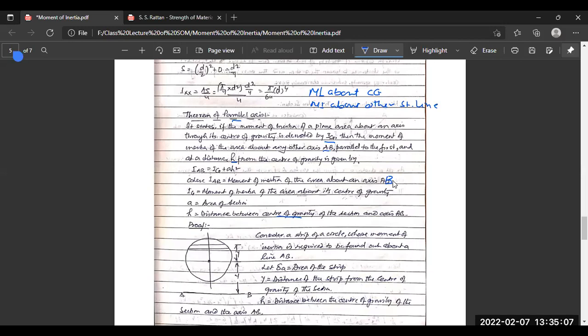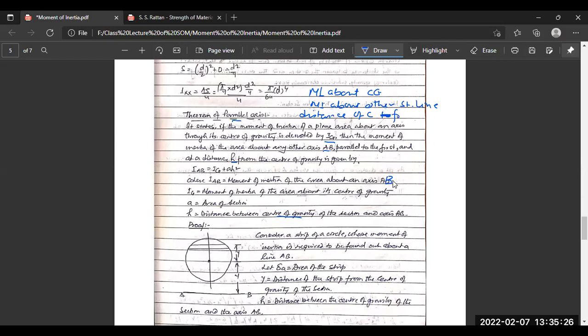And we have to know the distance of CG from the line under consideration.